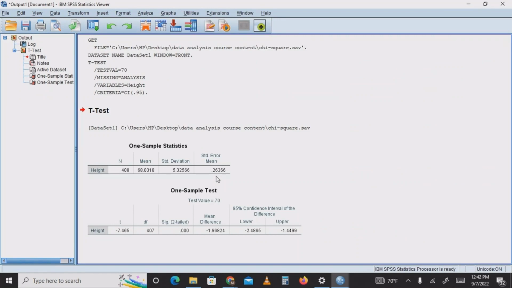So they are telling us that the number is 408, the mean is 68, with a standard deviation of 0.0814. We want to check if there's a significant difference between our mean here, which is 68, and what we're comparing it against. So these are the only two outputs. Let's explain these outputs. Now this is the most important part of this.